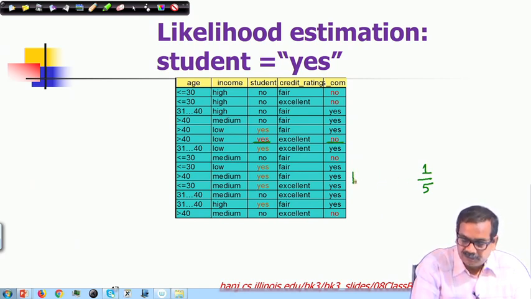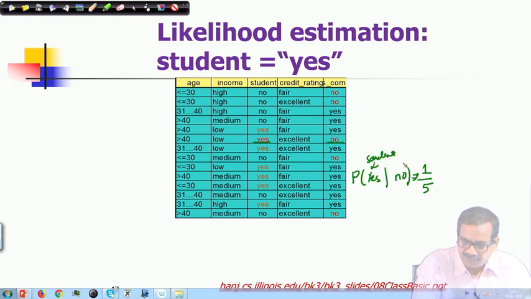Let me write it in short. This yes meant student and this is for class.